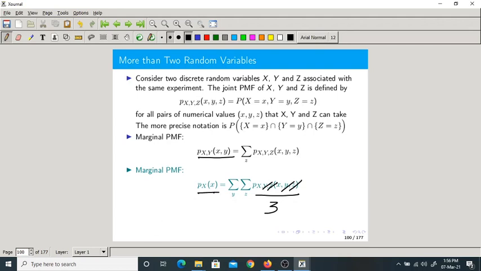Suppose I ask you, what is the Py of y? I have three random variables x, y, z, and I want only one, which means I have to eliminate the remaining two, x and z. You take summation over x and summation over z, so these two will be eliminated.